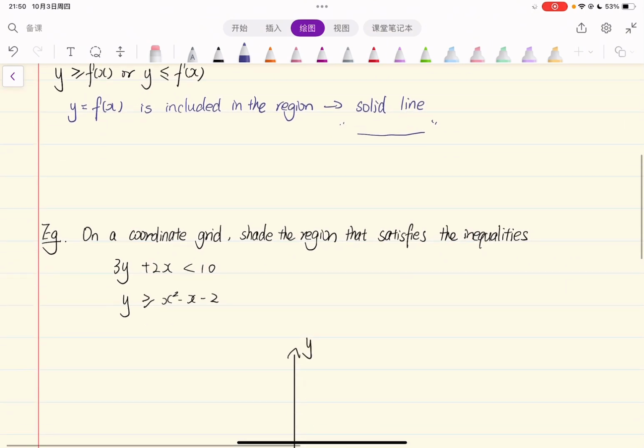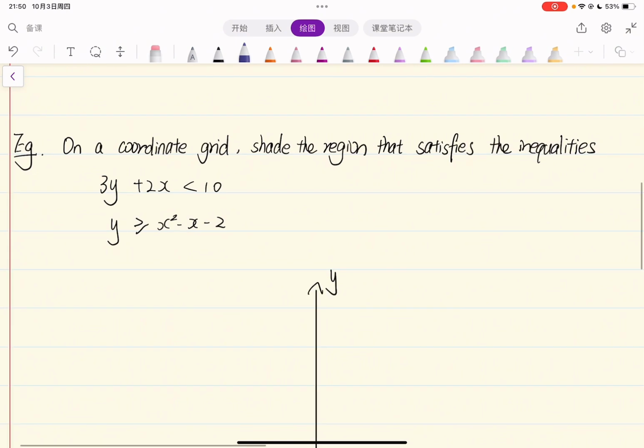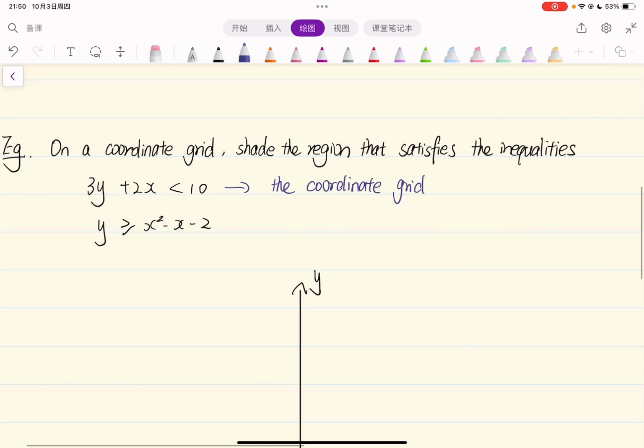Now let's see an example question. On the coordinate grid, shade the region that satisfies the inequalities 3y plus 2x less than 10 and y greater than or equal to x squared minus x minus 2. You can see from the first inequality that it is the coordinate grid below the function.